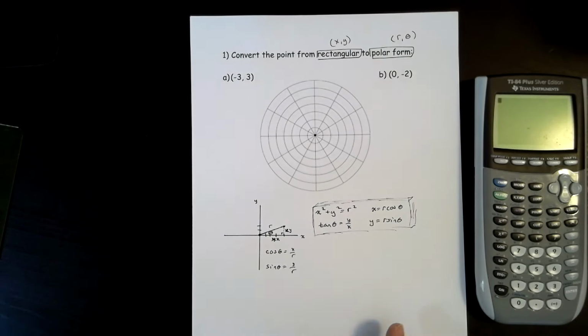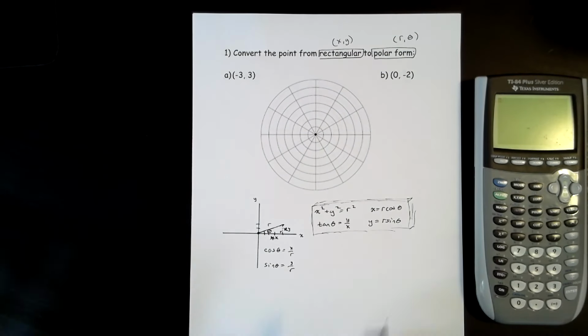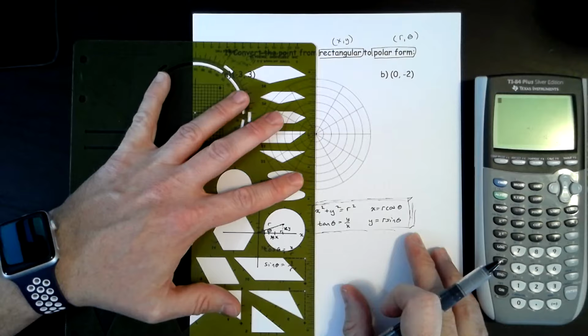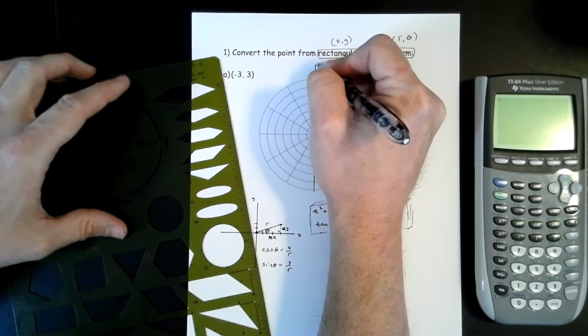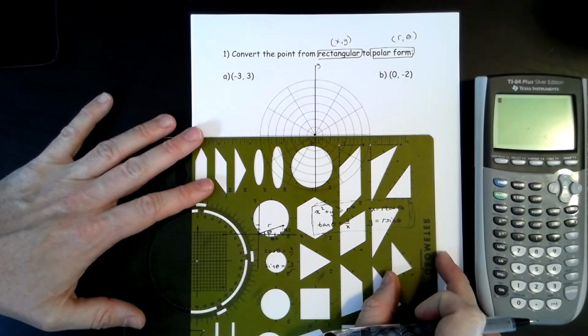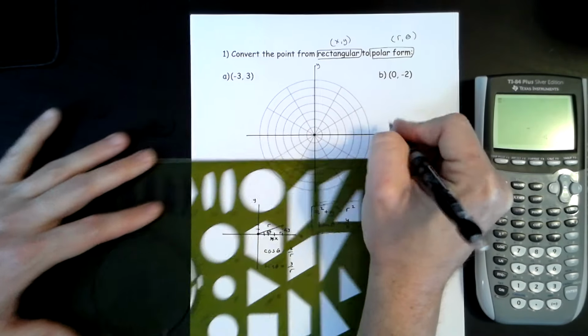So let's start with this first point, the point (-3, 3). This is not how it's going to look all the time, but the first time I like to put an x-axis and a y-axis on top of the polar graph.